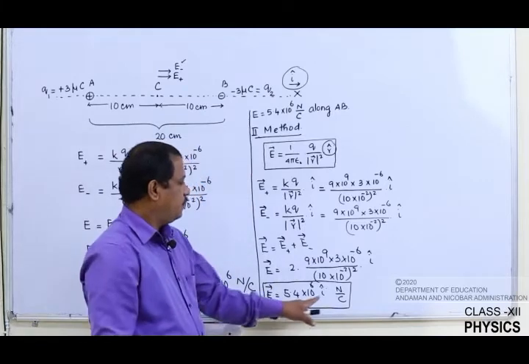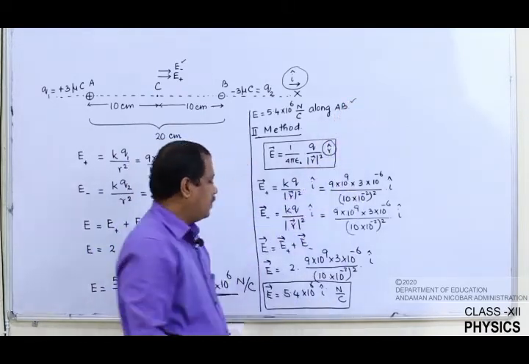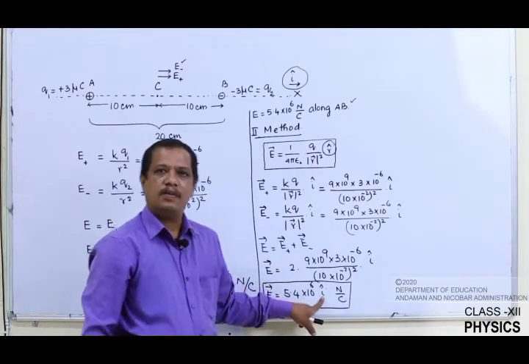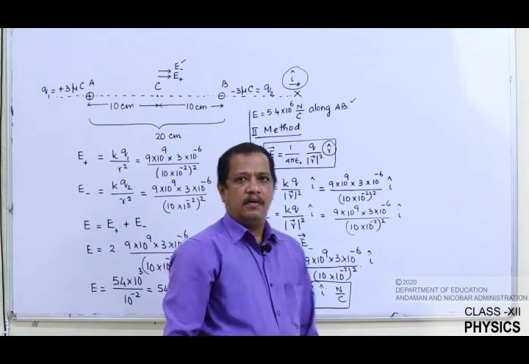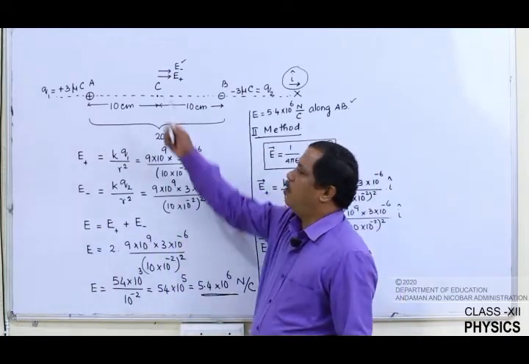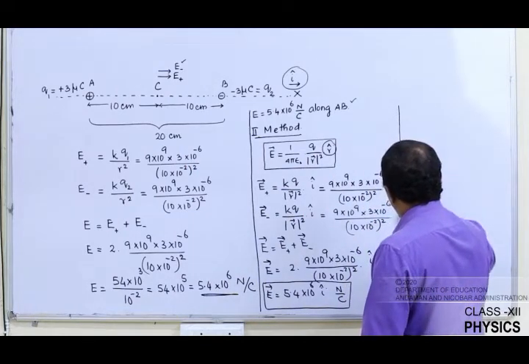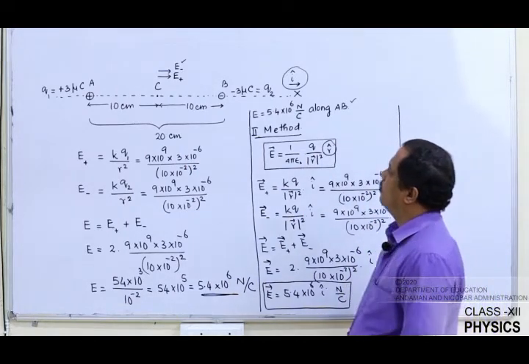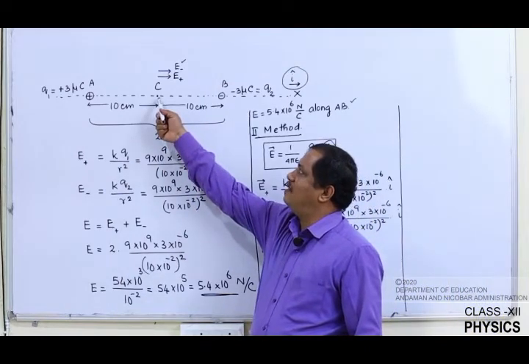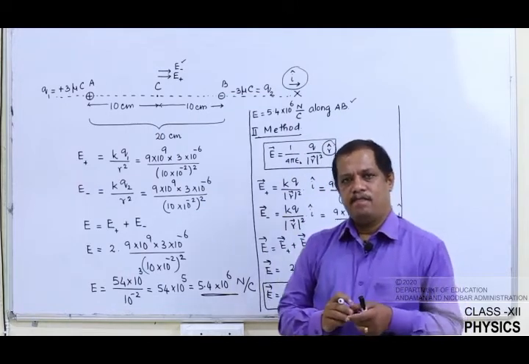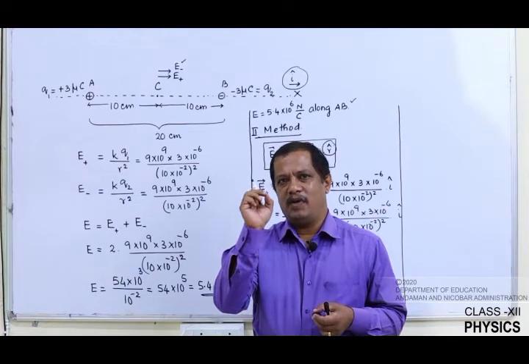Here we need not write along AB, or separately represent the direction, because we have directly represented the direction. Let us extend this problem. Now we calculated the electric field at this point. The other part is, I want to first place a negative charge at point C, and the charge is minus 1.5 into 10 power minus 9 Coulomb.